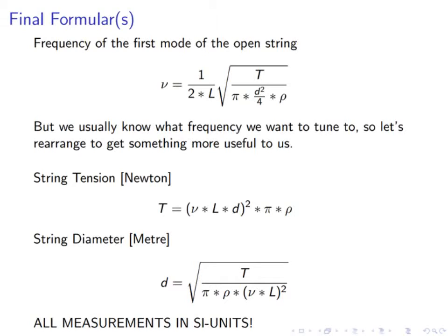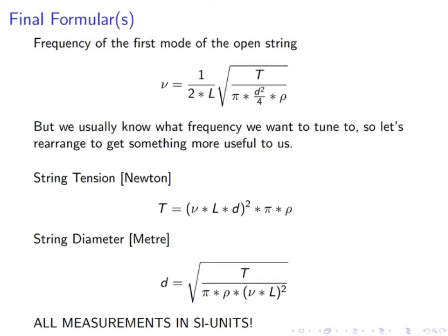You can here see the string tension is frequency times length times diameter, all this squared, times pi, times the density of the material. But if you have a certain tension in mind you want the string to have, and you want to figure out the string diameter, you can rearrange it like this.